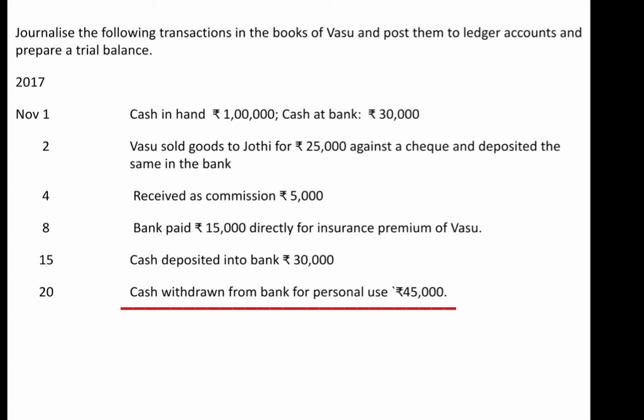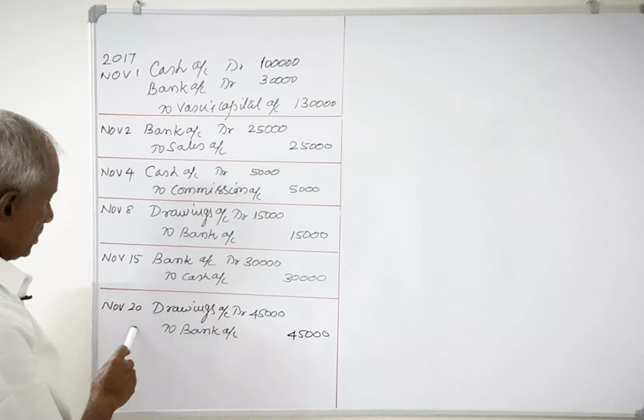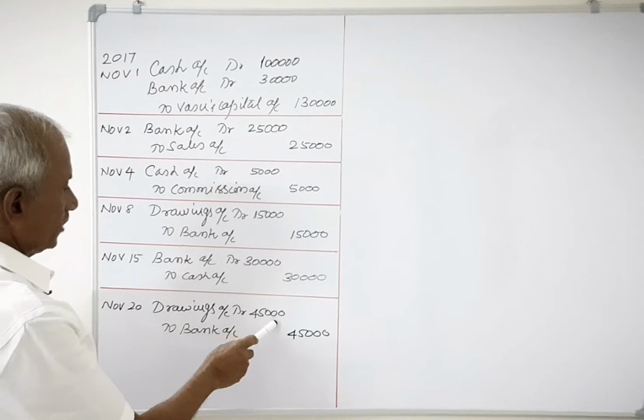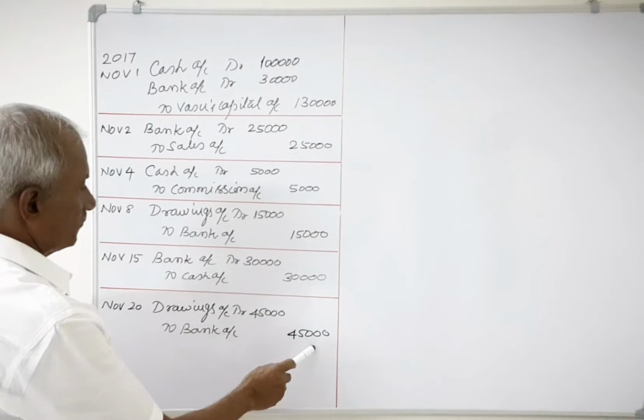Now the last transaction is November 28th, cash withdrawn from bank for personal use rupees 45,000. This is money withdrawn from the bank for personal use, so drawings account should be debited and bank account should be credited. So the journal should be drawings account debtor 45,000 to bank account 45,000.